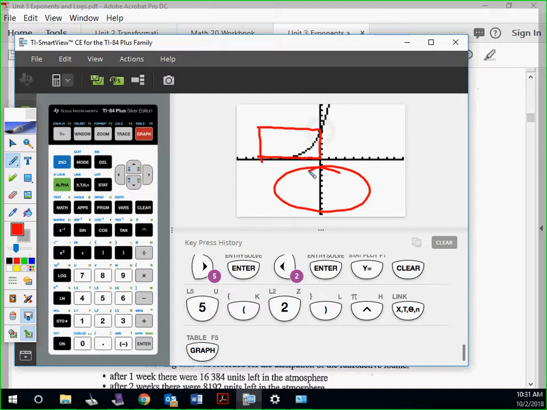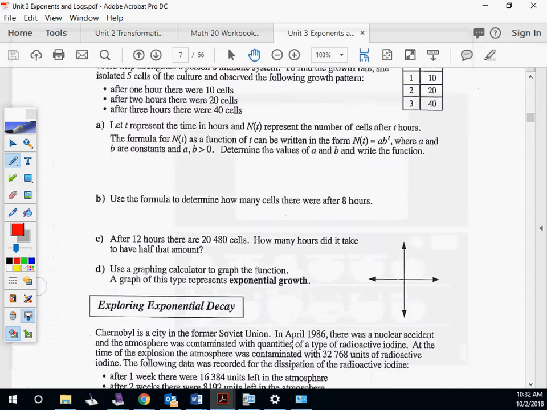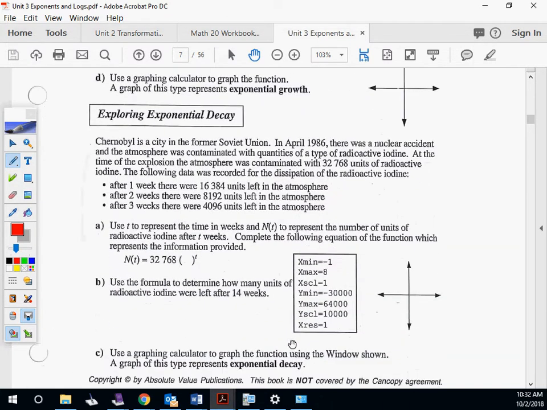So yes, there's no negative cells, which is also true, but there's also no such thing as negative time. So that's misleading, okay? So that's really not there. We're going to start from 0 and forward. Your domain would have to start at 0 for time. I don't care how many times you watch Back to the Future. Then going back, you can sketch that in there. So that's what we just did, that was exponential growth, because the cells are growing.